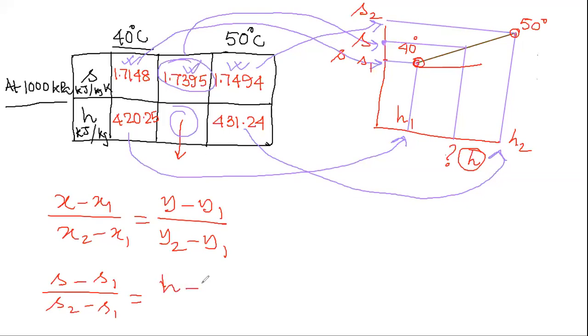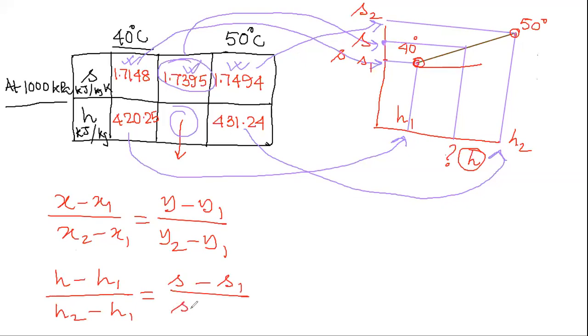So it will be h minus h1 divided by h2 minus h1 equal to s minus s1 divided by s2 minus s1. Now we note that the right hand side is completely known because all the values are known.